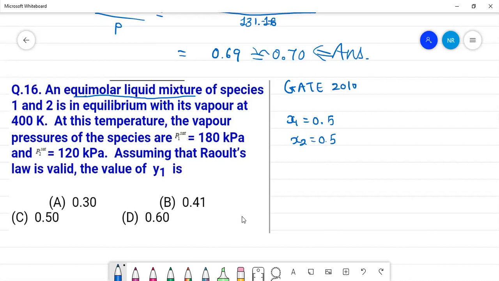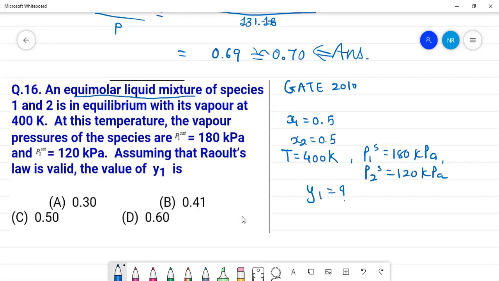Species 1 and 2 are in equilibrium with vapor at 400 Kelvin. So temperature is given, 400 Kelvin. At this temperature, vapor pressure of species P1 saturation is equal to 180 kilopascal and P2 saturation is equal to 120 kilopascal. Assume Raoult's law is valid. What is the value of y1?